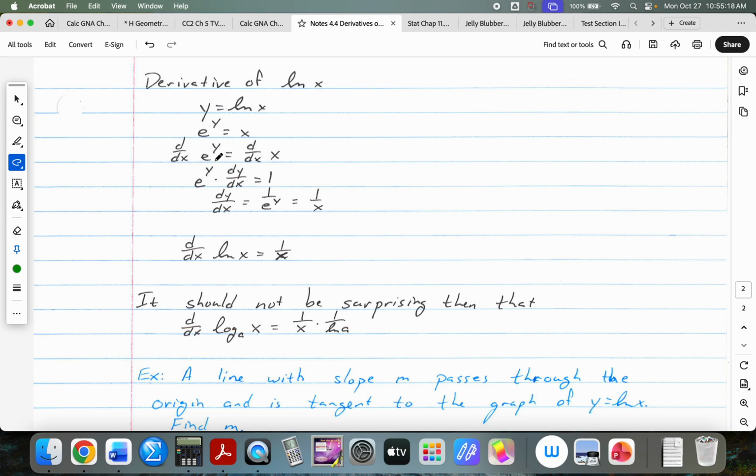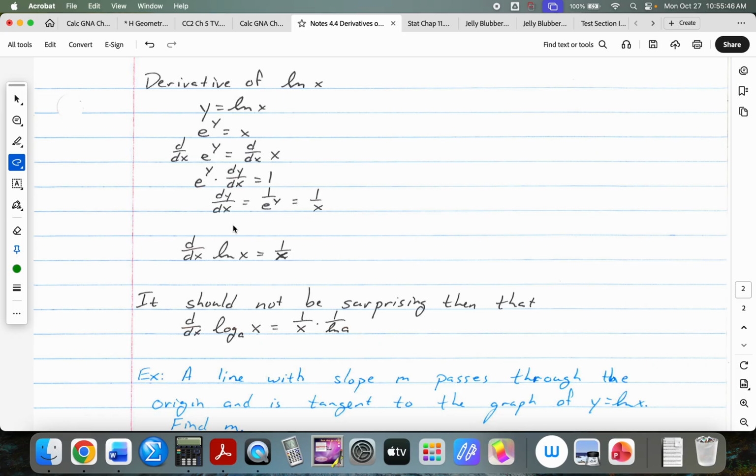So then taking the derivative of e to the y, that'll be the derivative of x. On the left, we'll have e to the y times dy dx, and on the right, we'll just have 1. So then dividing, we have dy dx is equal to 1 over e to the y, and e to the y is equal to x, so that's 1 over x. So the derivative of natural log of x is 1 over x.